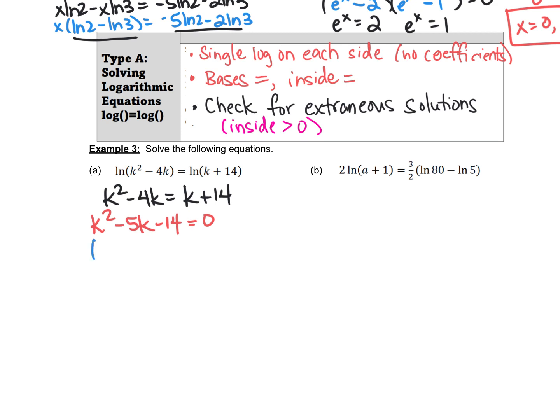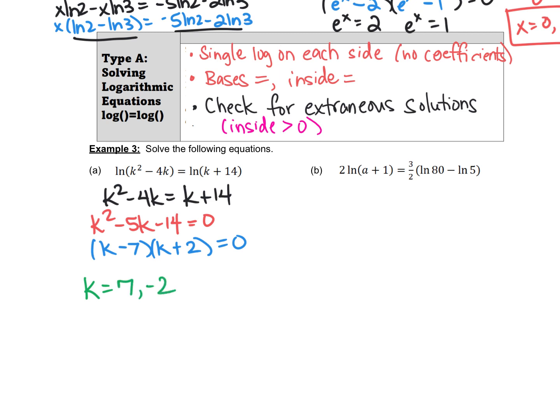Let's factor. Multiply to negative 14, add to negative 5. Negative 7, positive 2. And so what does k equal? 7 and negative 2.